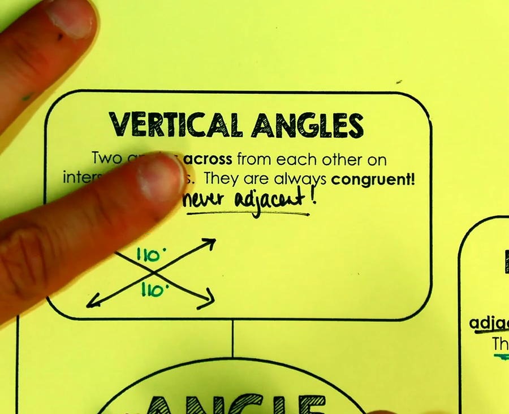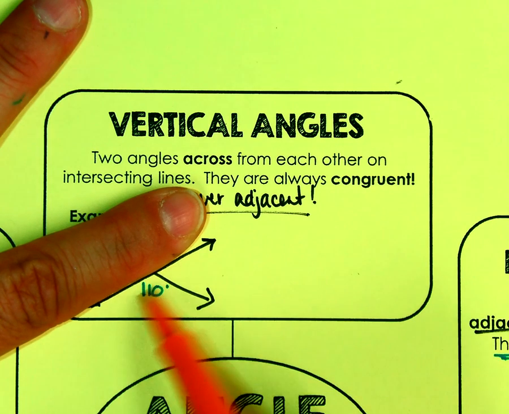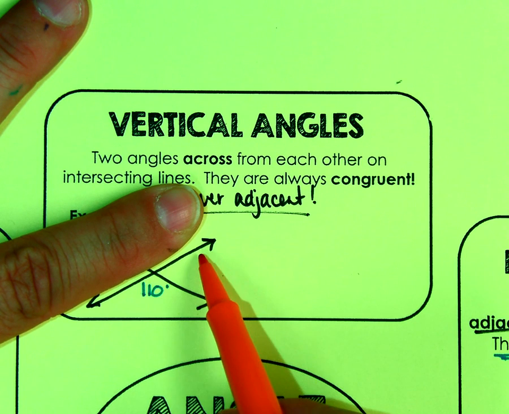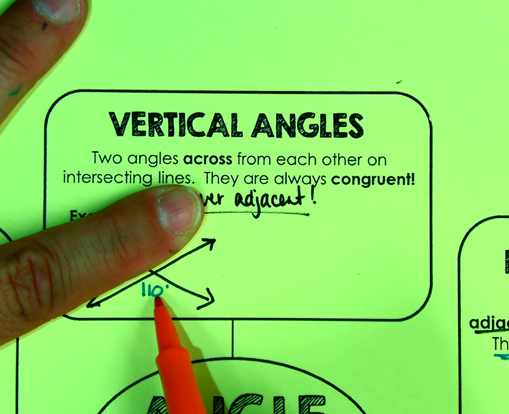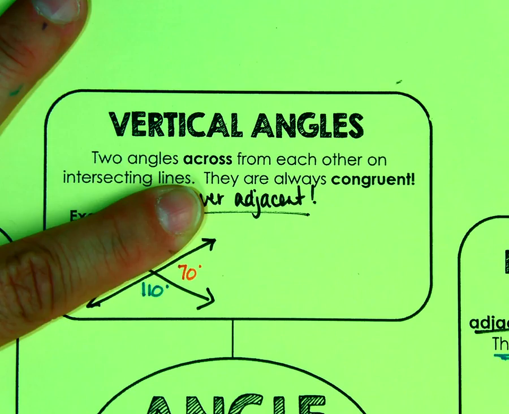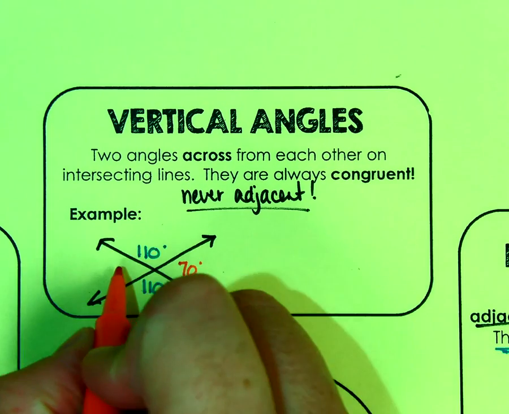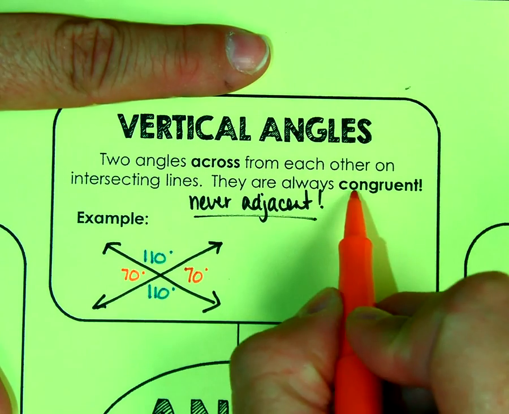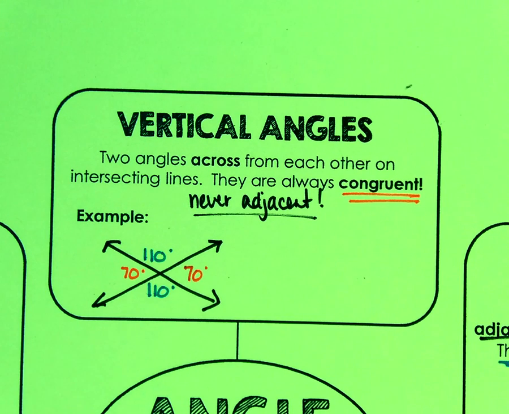If I just focus on this piece, here's an example of a linear pair because they are adjacent and form a line, then that means that these also have to be supplementary. So if this is 110, that means that this has to be 70. I can cover it up this way, and this would also have to be 70. So vertical angles are always congruent and never adjacent.